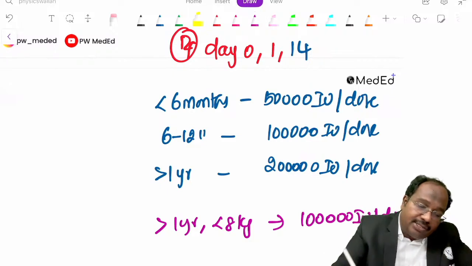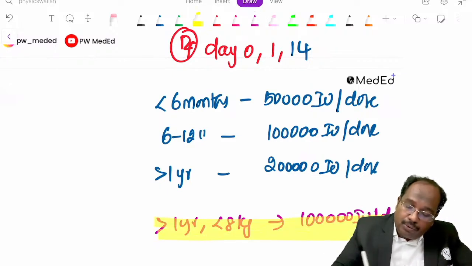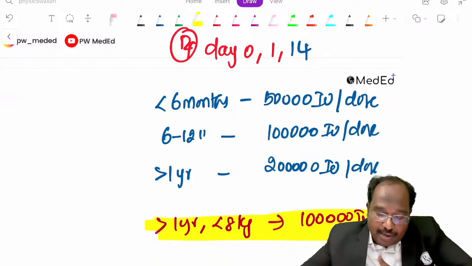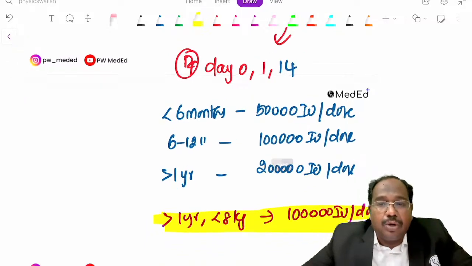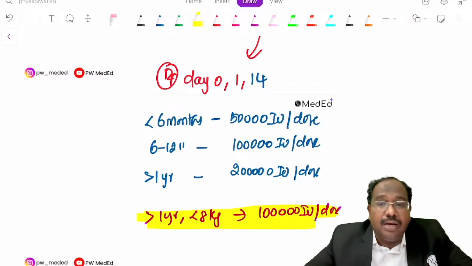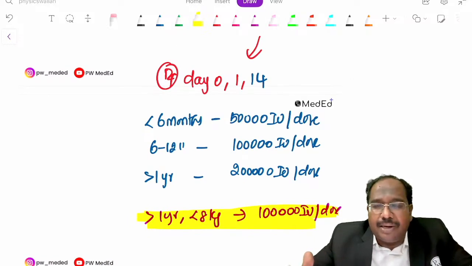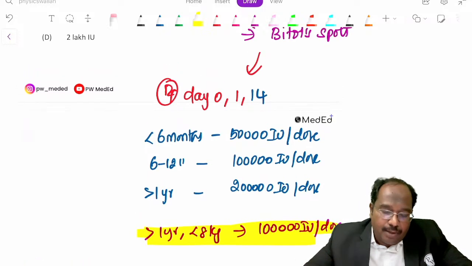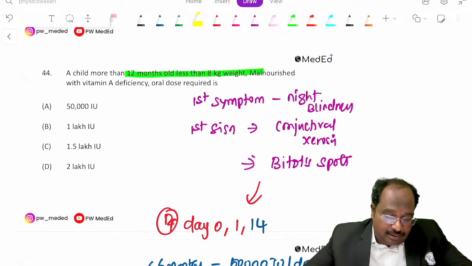Malnourished children should not be given 2 lakh international units; you provide 1 lakh to avoid toxicity. Am I clear? This is the catch in that question, and it is repeated multiple times. So you can answer this question.